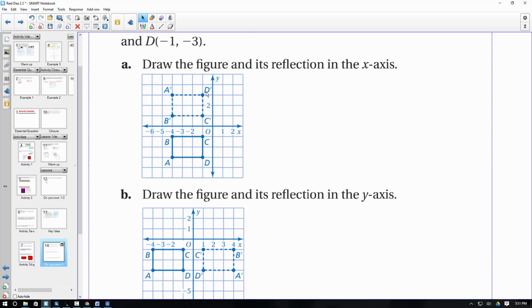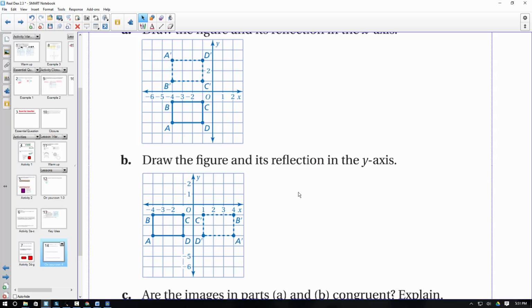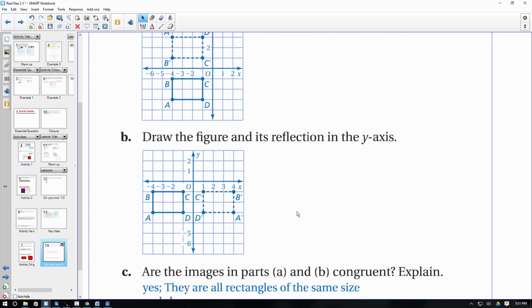So all my y values are the opposite. If it's on the y-axis, all my x values now, if this was a -1, it'll be a +1. This is a -4, it'll be a +4, and so on.